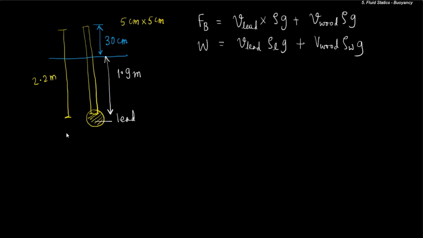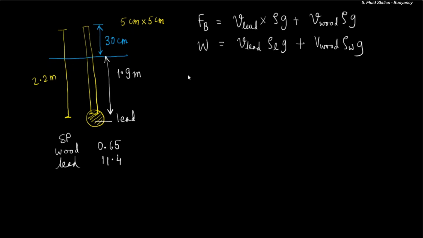It is given that the specific gravity of wood is 0.65, that is, it is 0.65 times the density of water, whereas the specific gravity of lead is 11.4, meaning it is 11.4 times denser than water.